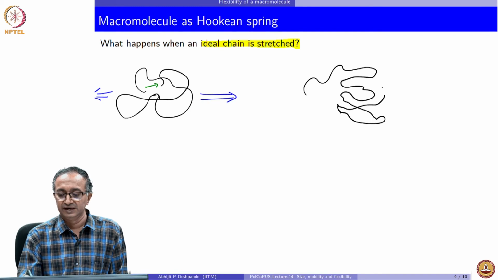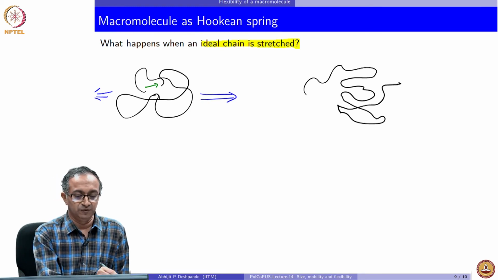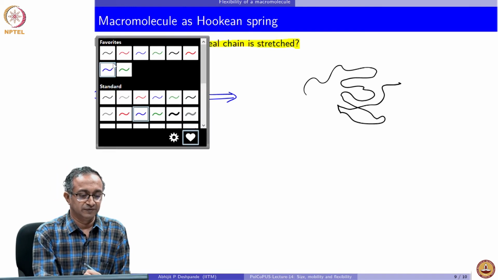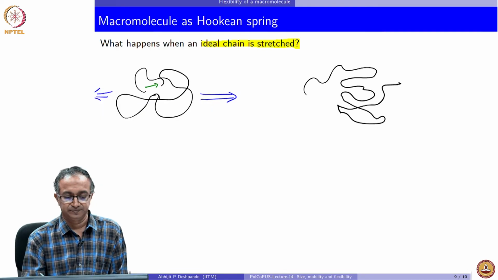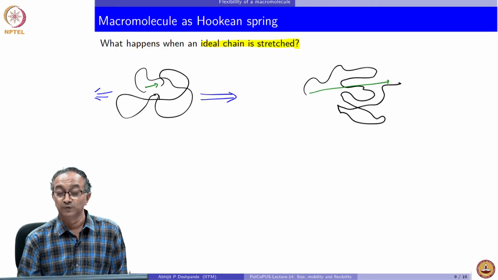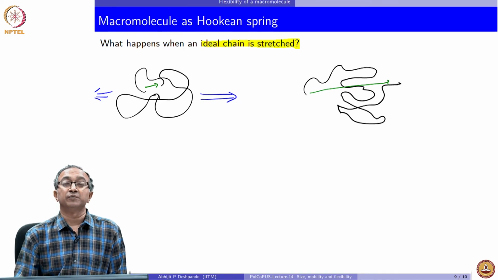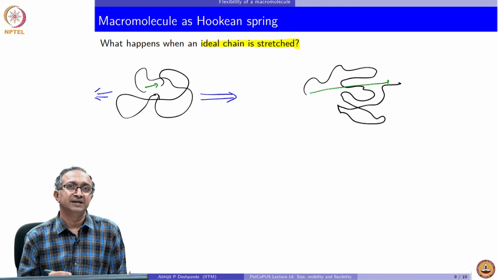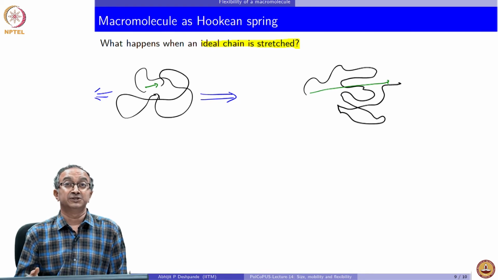the macromolecule gets stretched out, and therefore the end-to-end distance would increase. Also the conformational changes become less. To understand why conformational changes become less, you can think of the extreme scenario.